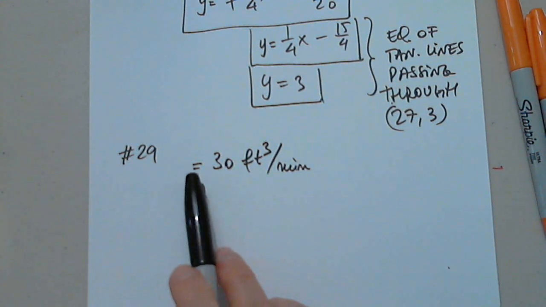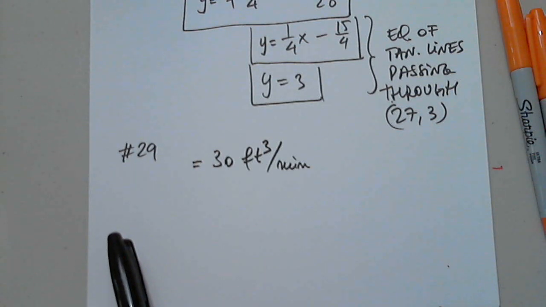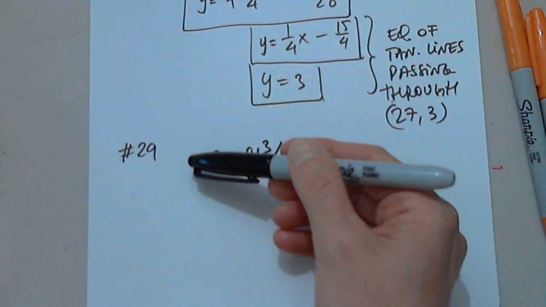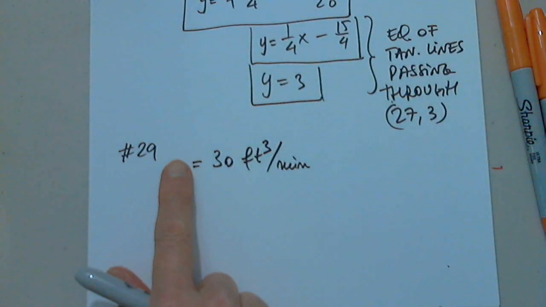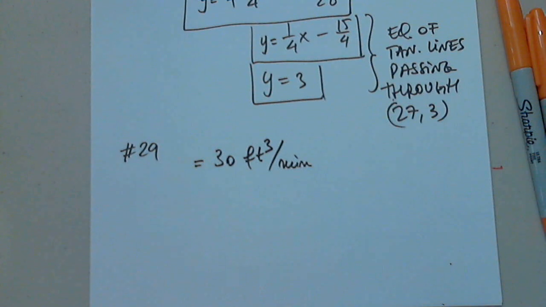Okay, so can anyone tell us what this is? Any suggestions? What could this be? What is given to us as 30 cubic feet per minute? So dx over dt?